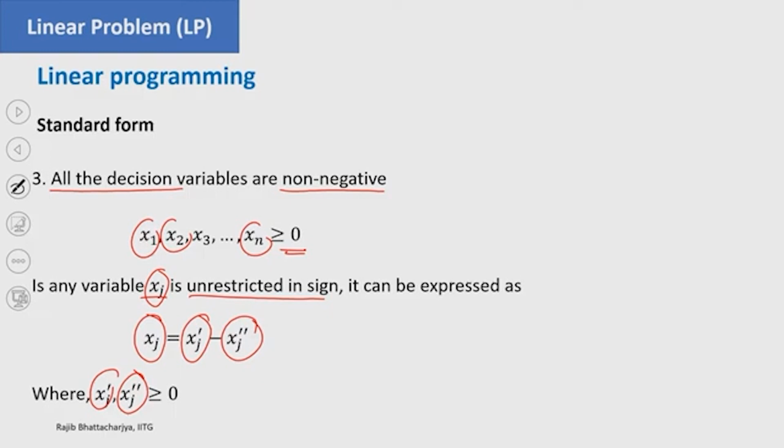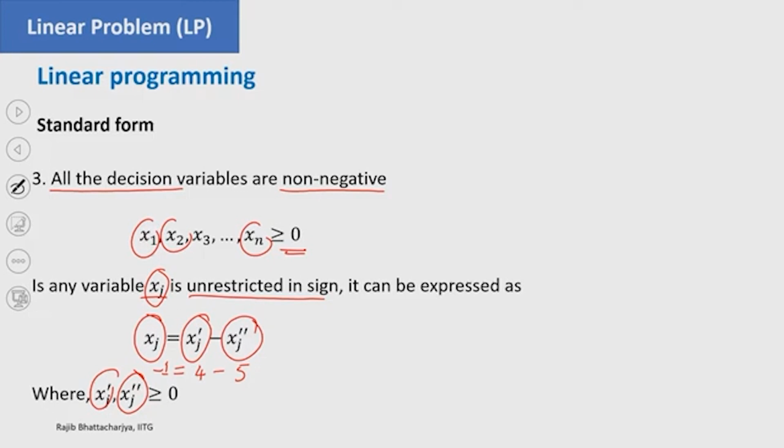Suppose I would like to have a negative value of x j. Suppose 4 minus 5, so x j will be equal to minus 1. So I can have a negative value like that in an LP problem. In place of x j, I will have two variables, and both x j dash and x j double dash should be positive.